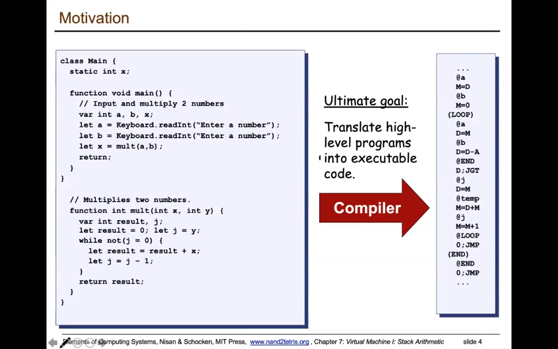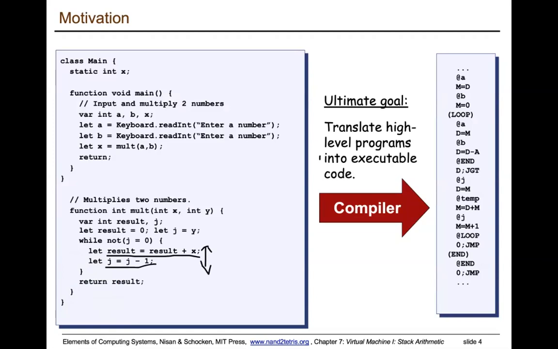So what the compiler needs to do is understand how to do result equals result plus x, and let j equal j minus 1. It should be able to convert this to the assembler, to assembly language.